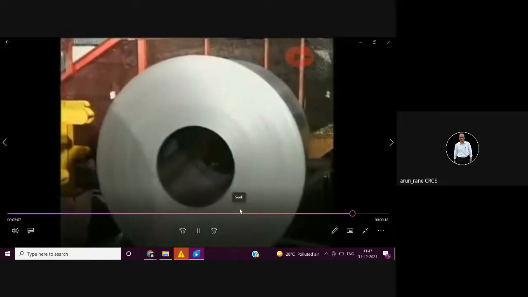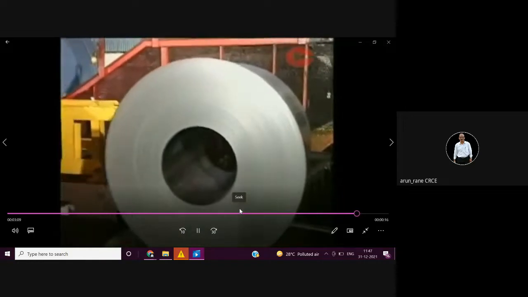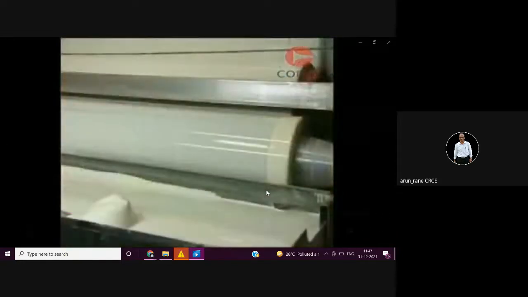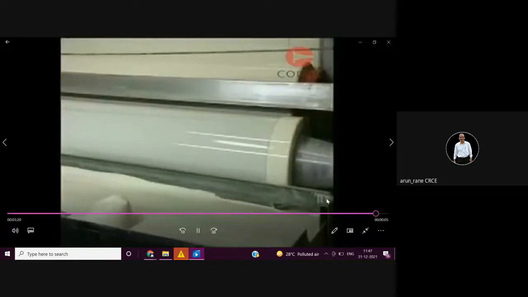So whatever moment the material is quenched, there will be heat treatment operation. The material gets hardened. So the rolling mills are available: two high rolling mills, three high rolling mills, four high rolling mills, like that.